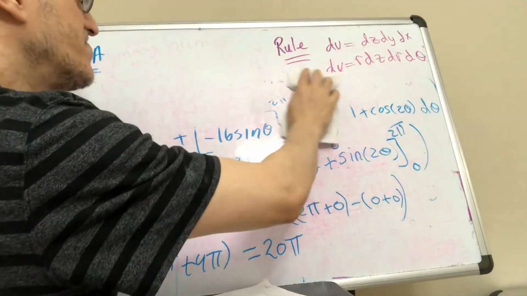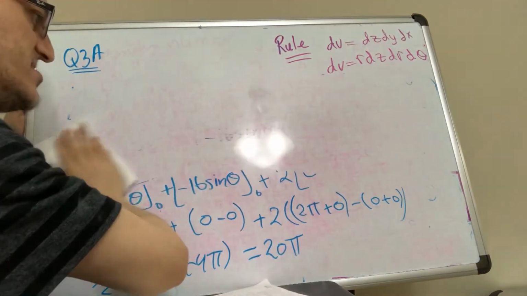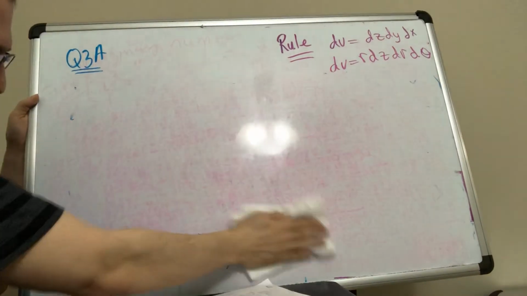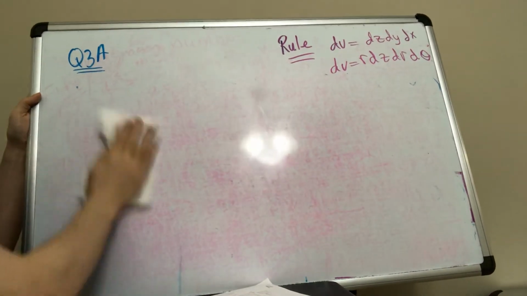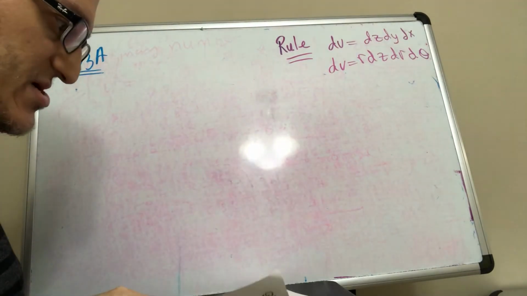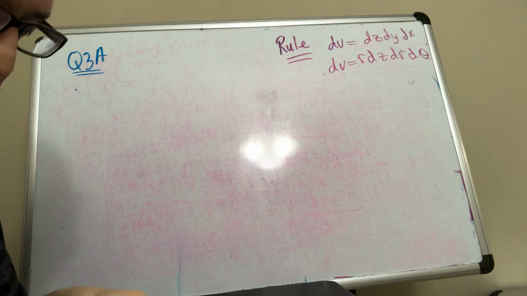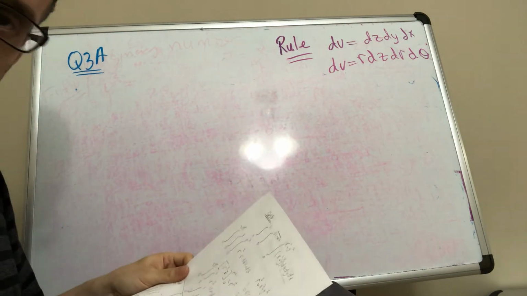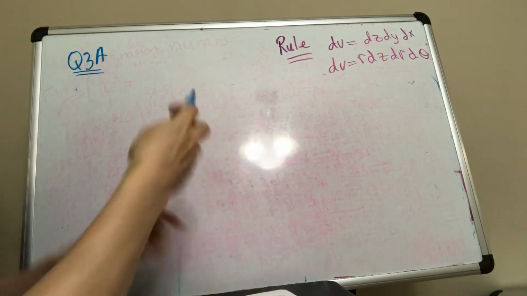Now, the question in worksheet B was a little bit better in terms of the equation was easier, or the question was a little bit easier. Question 3b.